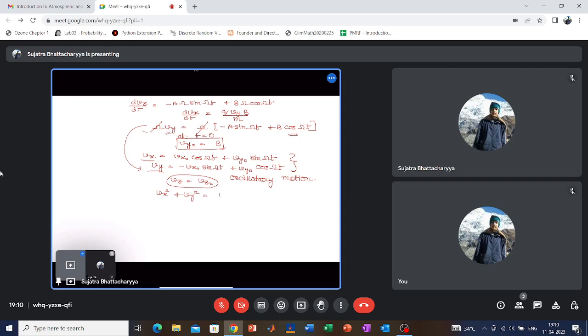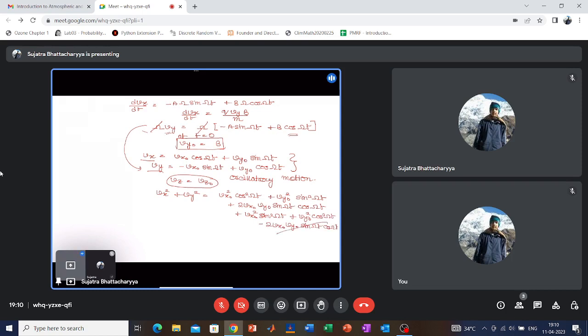So this will be Vx0 whole square cos square omega t plus Vy0 square sine square omega t plus 2Vx0 Vy0 sine omega t cos omega t plus Vx0 square sine square omega t plus Vy0 square cos square omega t minus 2Vx0 Vy0 sine omega t cos omega t.